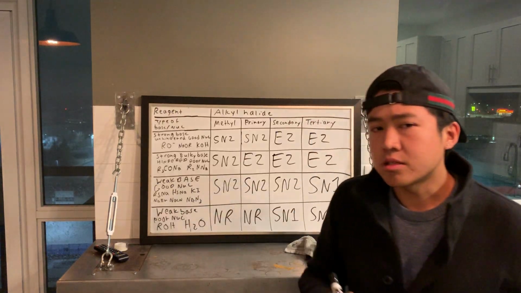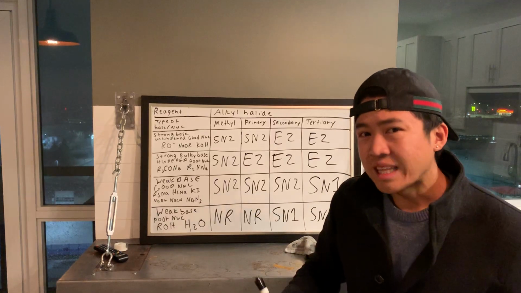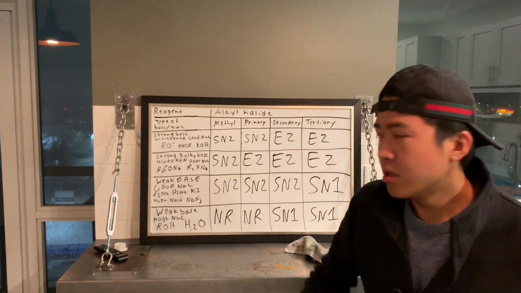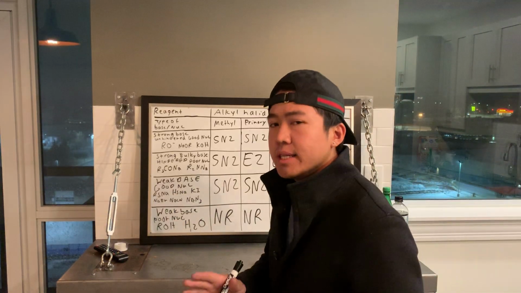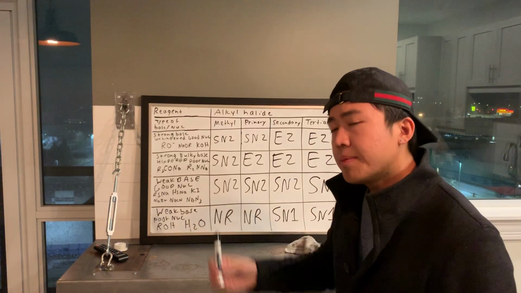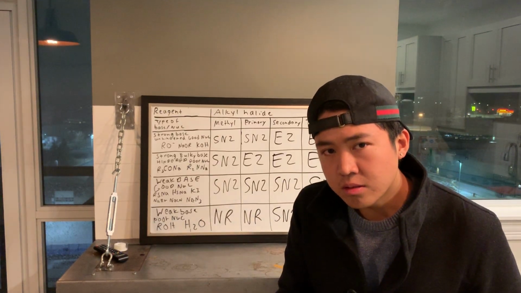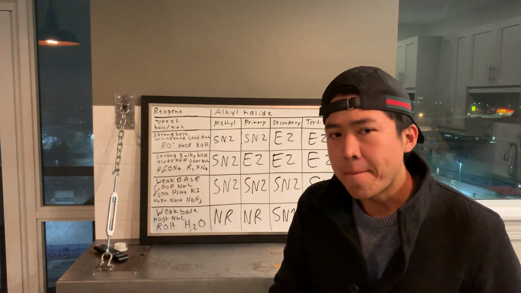Let's talk about the next section right here. Strong bulky base that's hindered, poor nucleophile. Bulkiness matters with nucleophilicity, okay? That's where basicity and nucleophilicity don't parallel each other, is bulkiness. Because something can be a good base, or I'll use the term strong base, but a poor nucleophile.